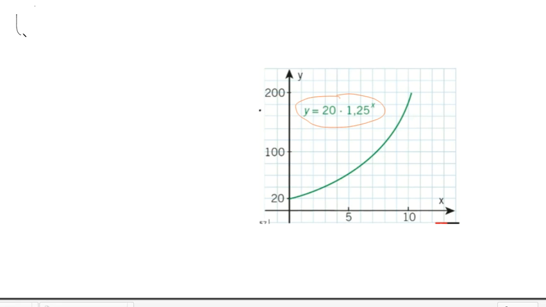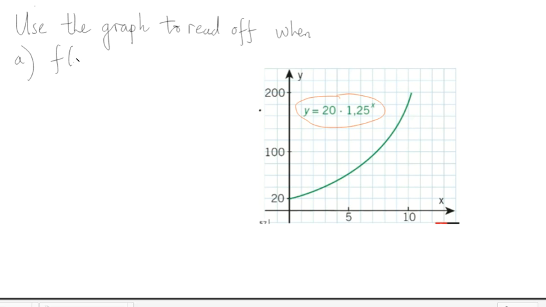And we are asked to use the graph to read off the value of f of 0 and b, f of 10. So this is pronounced f of 0 and f of 10.